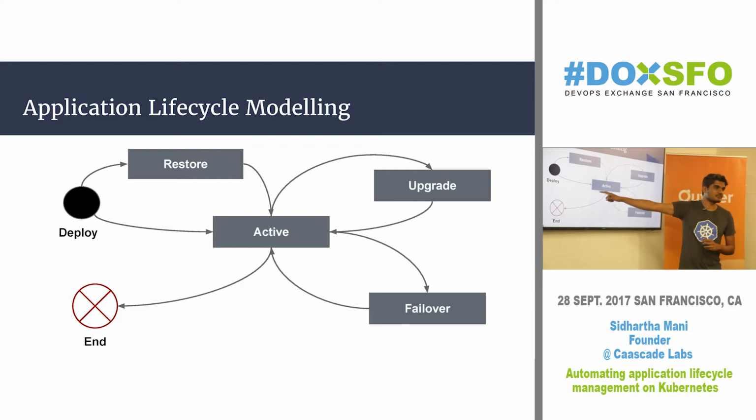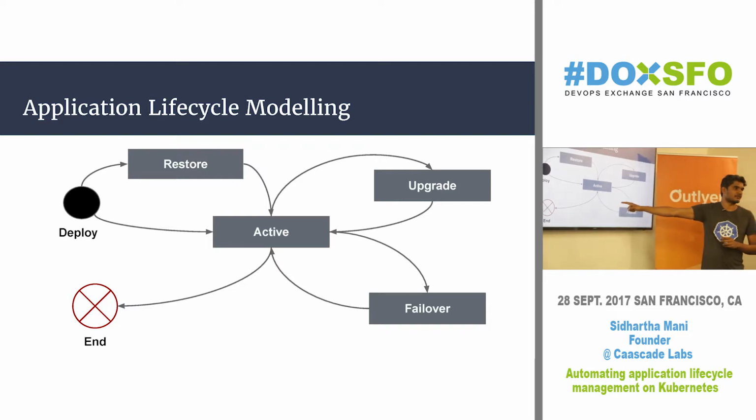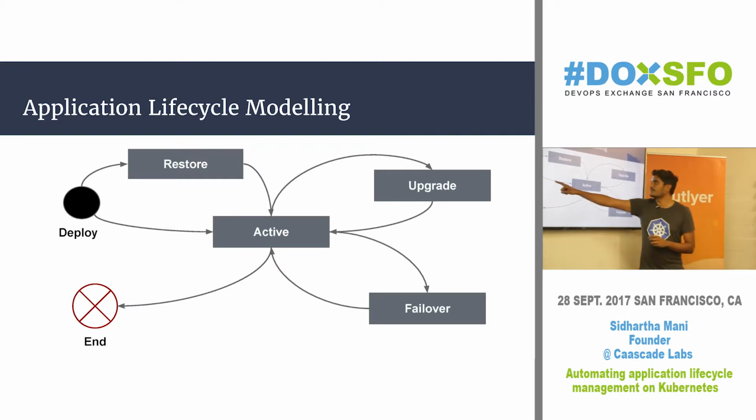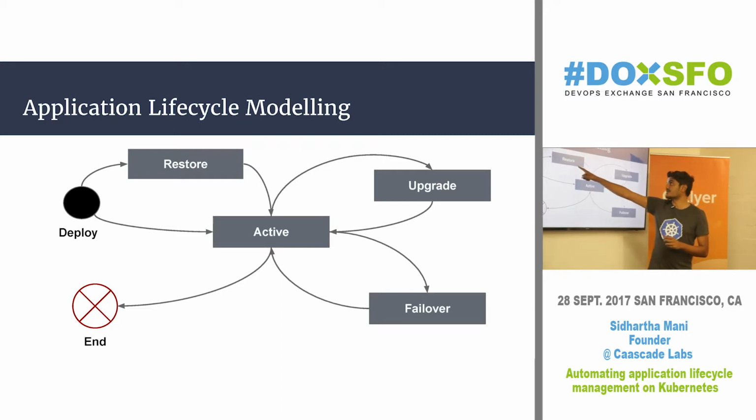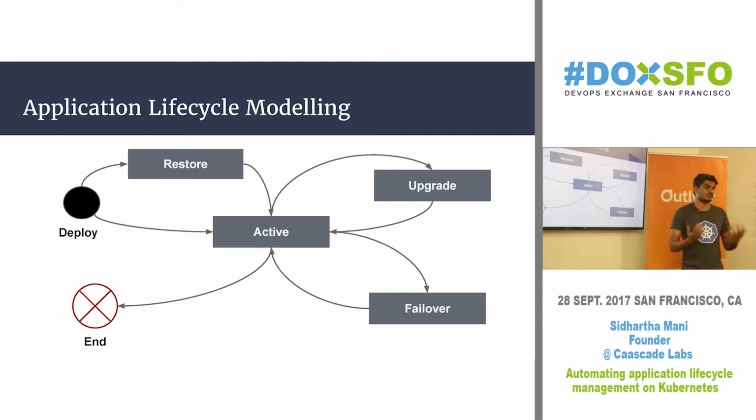This is the state machine for the PostgreSQL that I just deployed. It starts at deploy. You can backup, you can restore from a backup, and then it goes to active, or you can directly go to active on a fresh install. You can upgrade, where upgrade can be done in a blue-green fashion or a rolling upgrade fashion, and then you can come back to active state. And then once you're done using it and you want to decommission it, it can be brought to the end state.